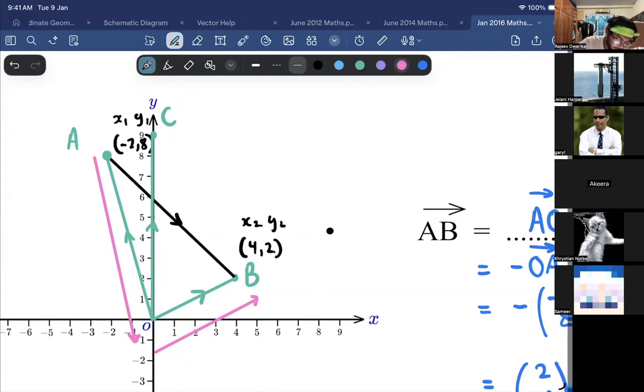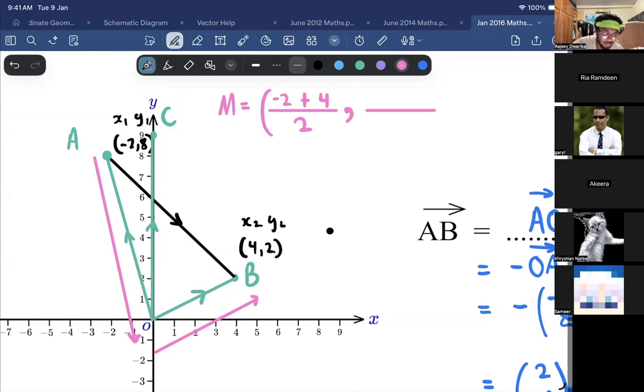It doesn't matter, because you could add in either order and you get the same answer. So let me find the midpoint. M would be what? Tell me what to write. -2 plus 4 over 2. Wait, somebody else, tell me the other one. So we handled X there. What will Y look like now? 8 plus 2 over 2.